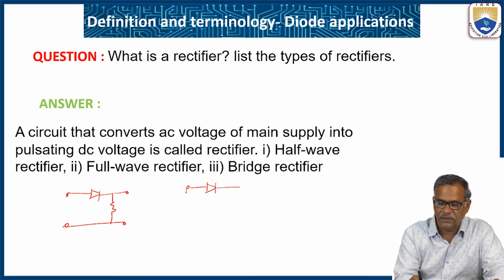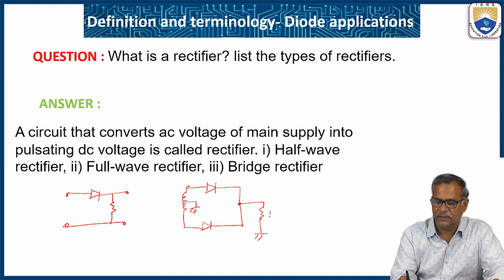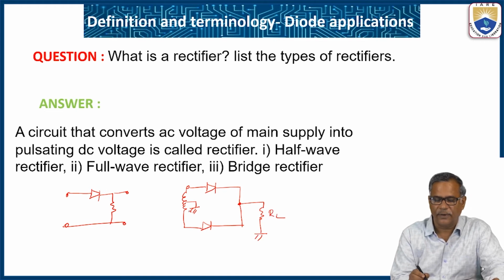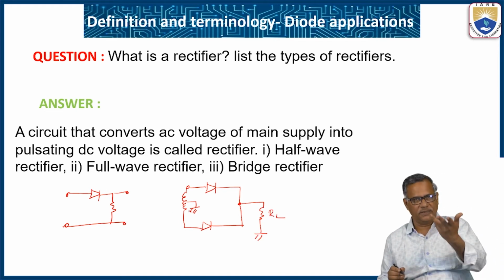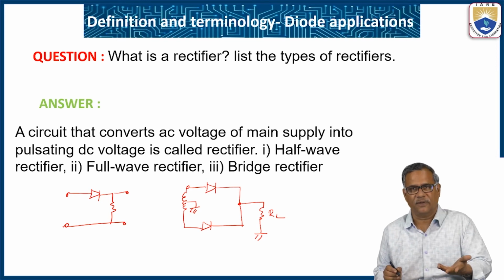It also uses the center tap transformer. The center point is grounded. Load resistor is connected here, like this. This is a full wave rectifier. Of course, I have not drawn the secondary, primary transformer.